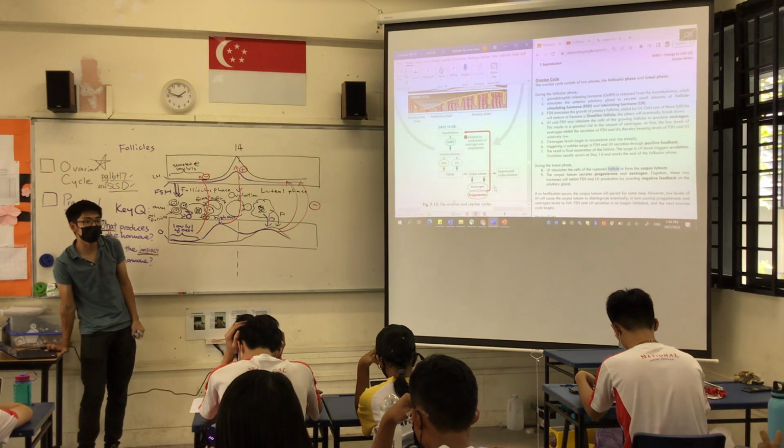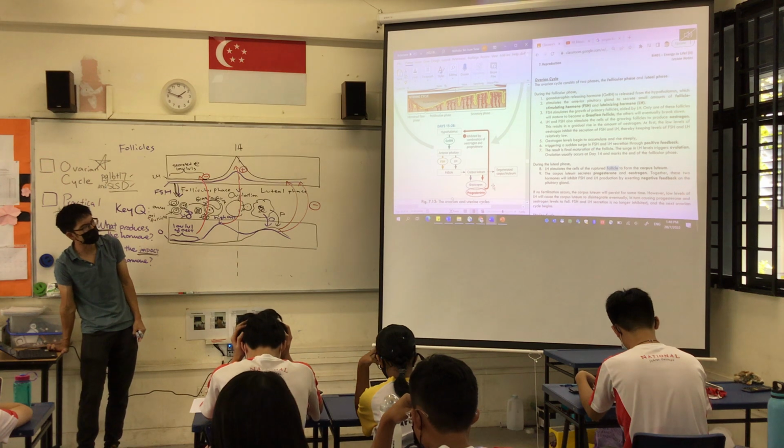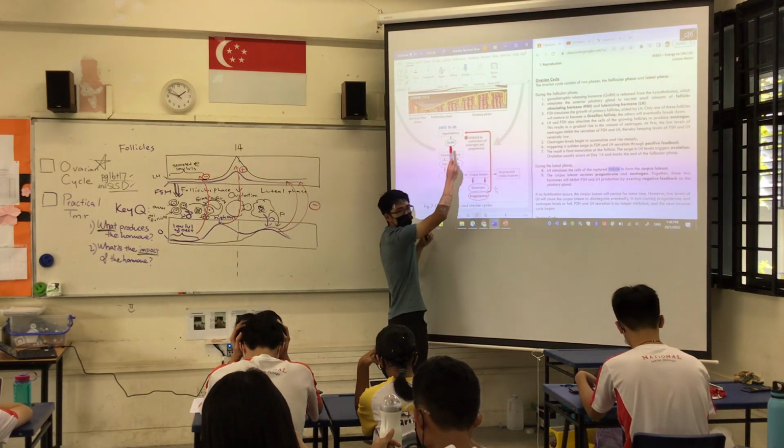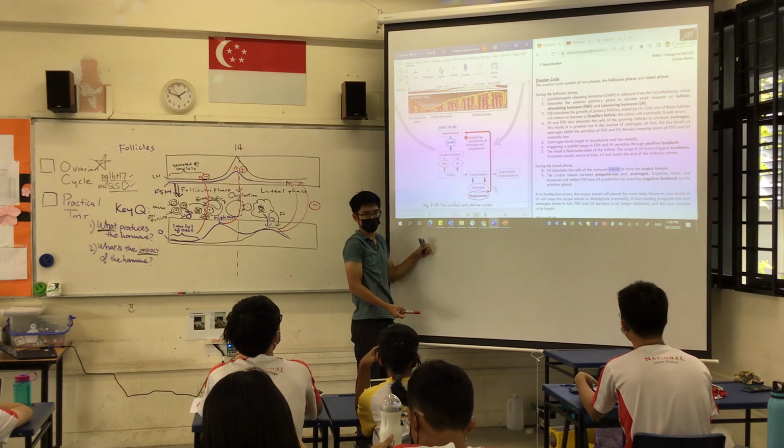Okay, let me check this fact. If I'm not wrong, I think it does inhibit. This red line should be connected down here rather than up there. So I'll double check for you. Okay?